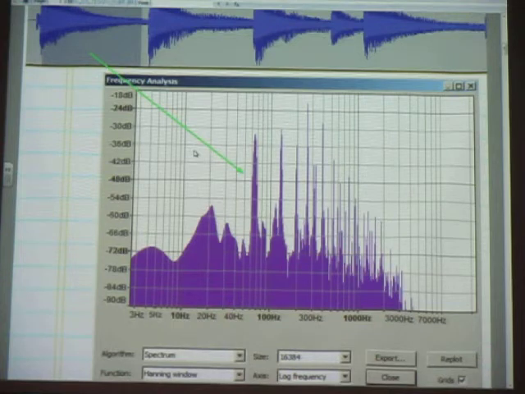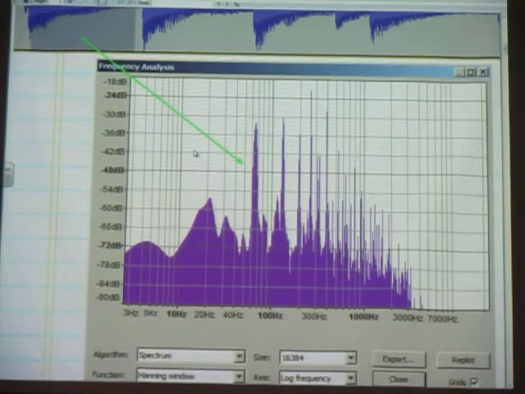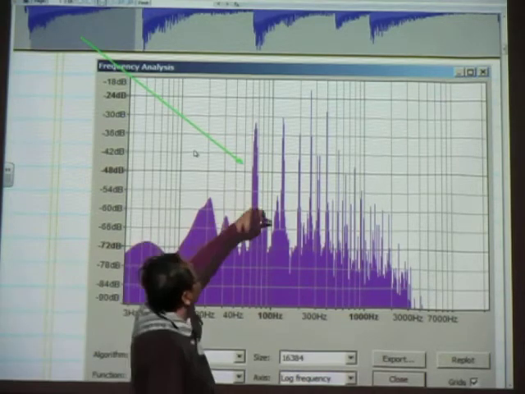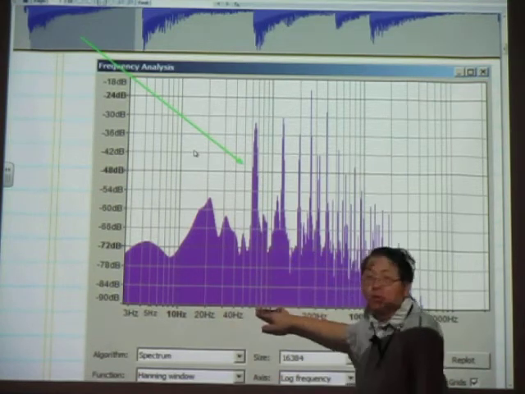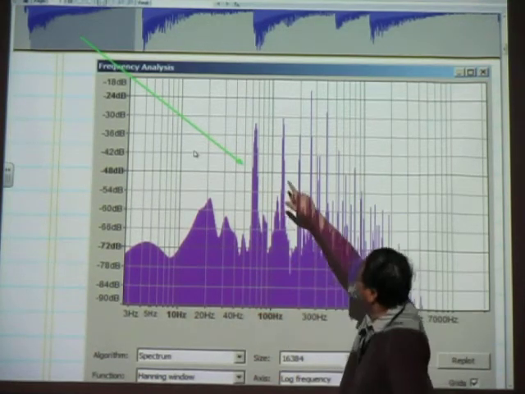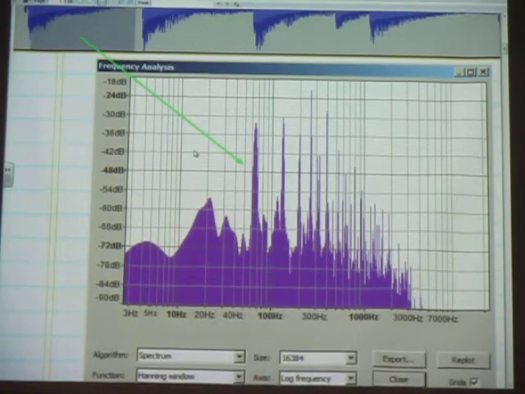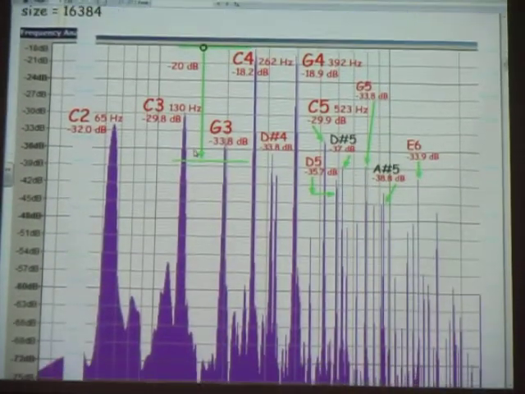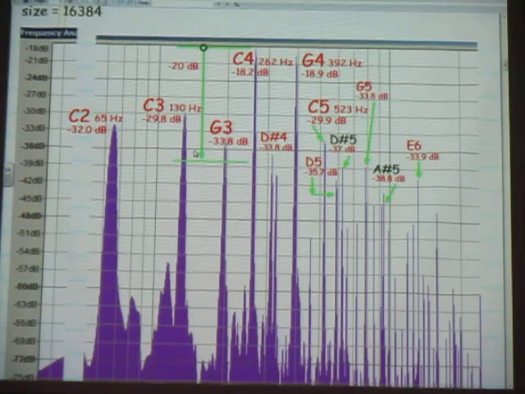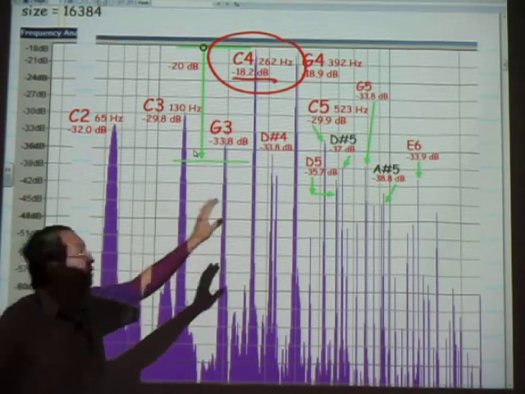So the goal is, for example, at each peak here, that's when the sound is loudest. You want to find out which note corresponds to a peak on the FFT spectrum. For example, you see the highest peak at minus 18 decibel, and I'll explain that later in the future.